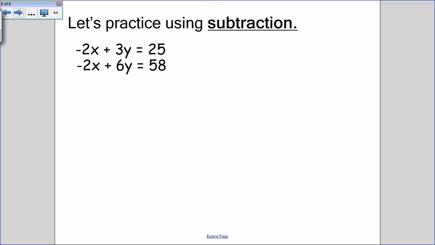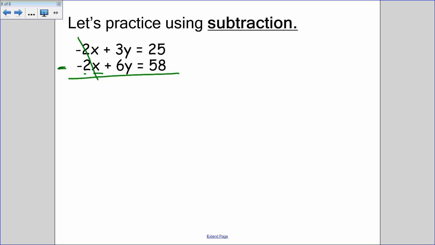Okay, last problem. Let's try it quickly. This is another subtraction problem, which means that there must be two numbers that are exactly the same. I see negative 2x and negative 2x here. So let's think about this as subtraction. What is negative 2x minus negative 2x?